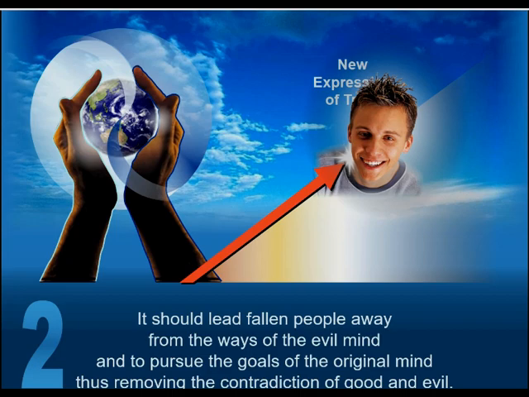So the new expression of truth has this mission, to remove this contradiction of good and evil within human beings. Actually, we are now studying a portion of this new truth. So I encourage everyone to take a look at this, the Divine Principle. It has the potential to solve the many problems that we have within ourselves, in society, in the world.